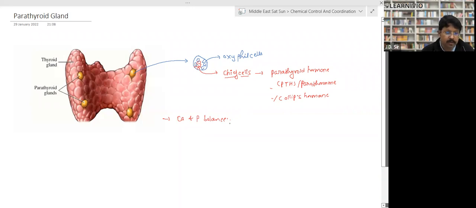Next point. It increases calcium reabsorption from the nephron and inhibits phosphate reabsorption from the kidney.